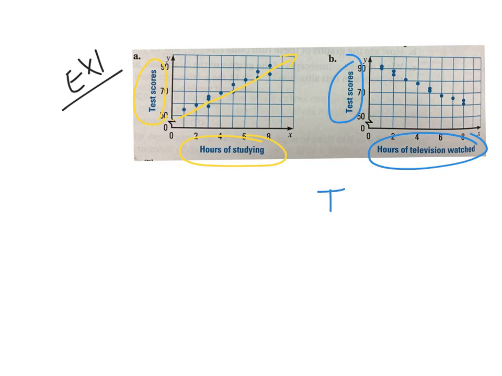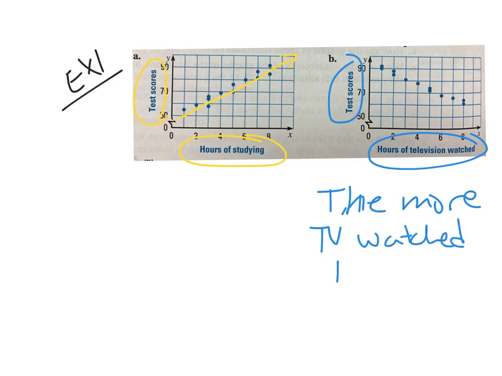I'll write the second one. So the more television they watched, the lower test scores they received.